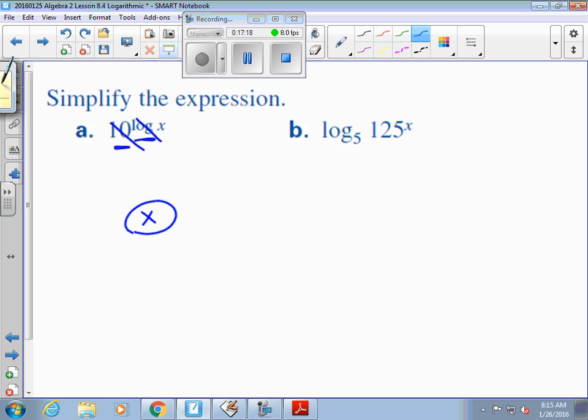The other one, you have to manipulate it a little bit. It says log base 5 of 125 to the x. I have to change this one.